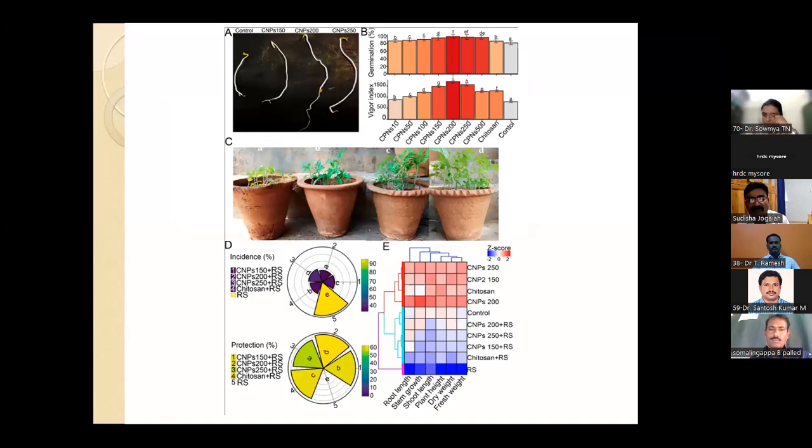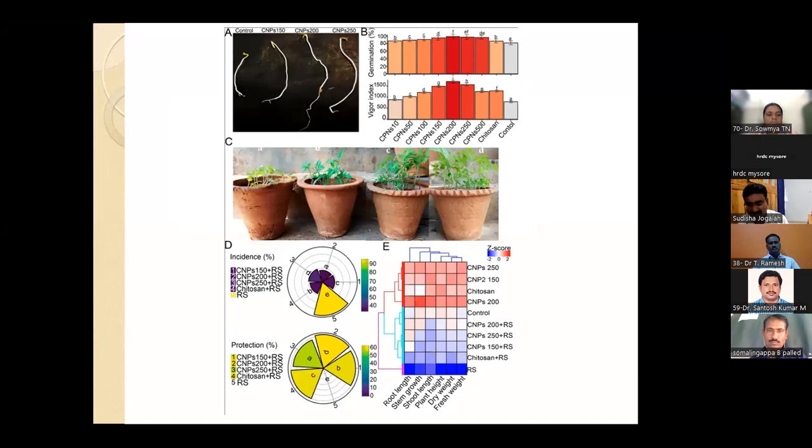Yeah. So this is the study we have done on bimetallic nanoparticles, using tomato as the model host plant and the major bacterial wilt pathogen, Ralstonia solanacearum.